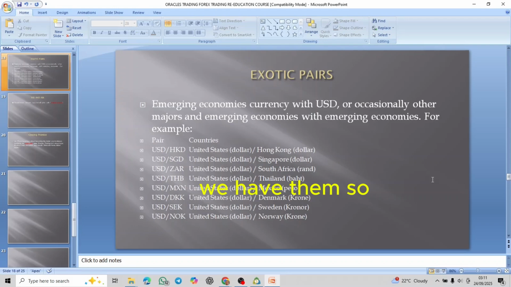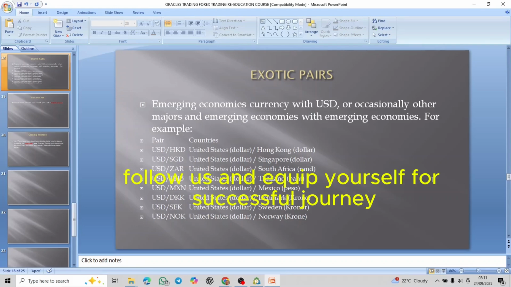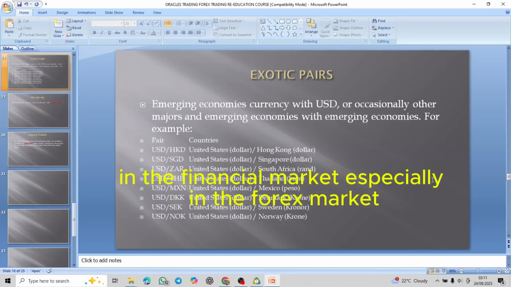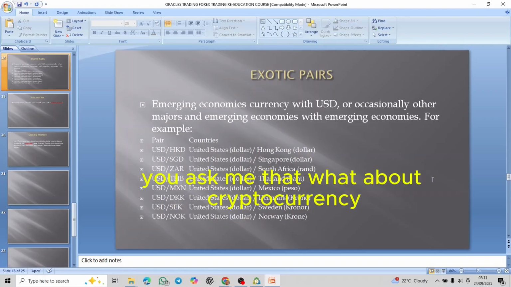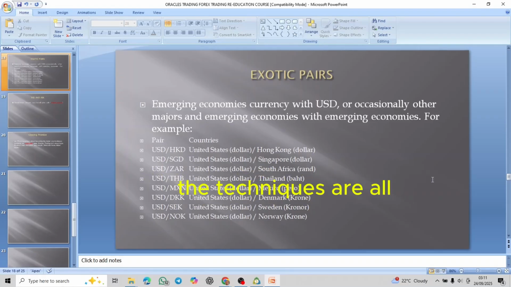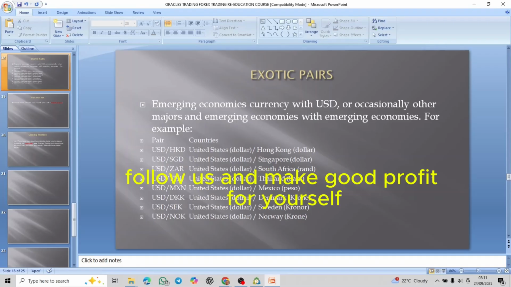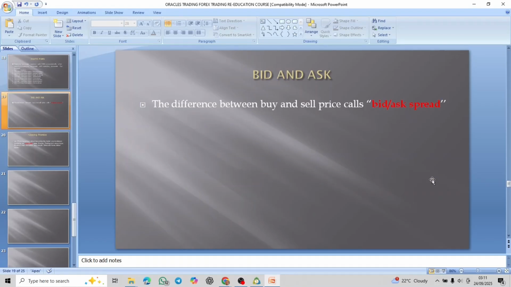So follow us and equip yourself for a successful journey in the financial market, especially the forex market. You ask about cryptocurrency? The techniques are all-encompassing. They work for cryptocurrency, futures, any financial instrument. Follow us and make good profit for yourself.